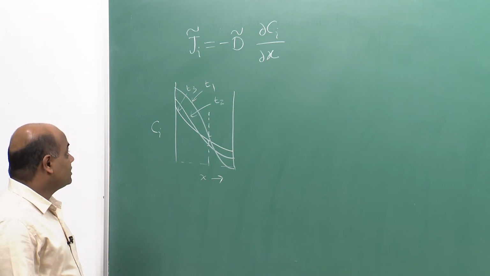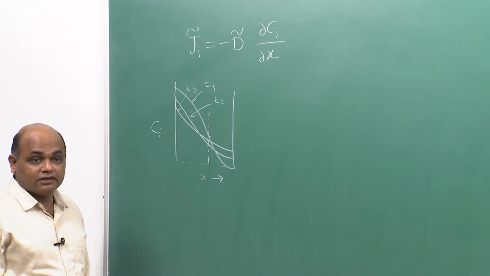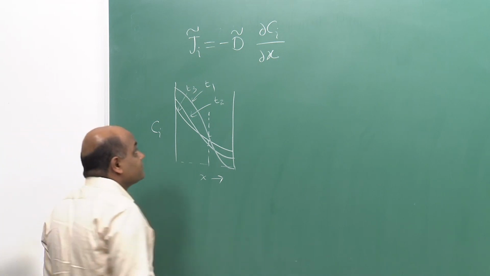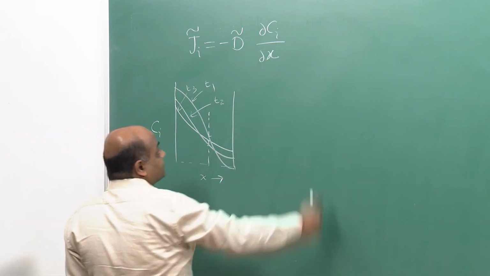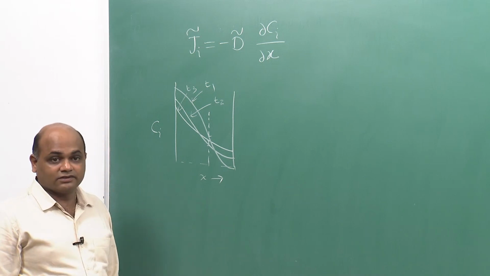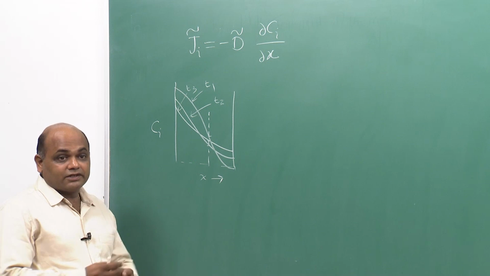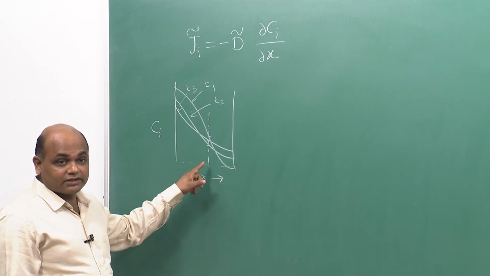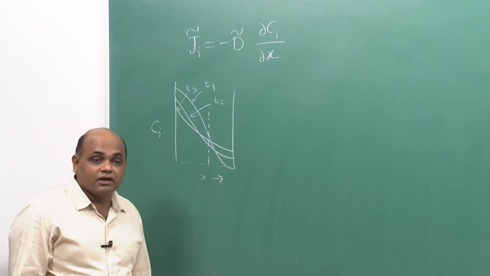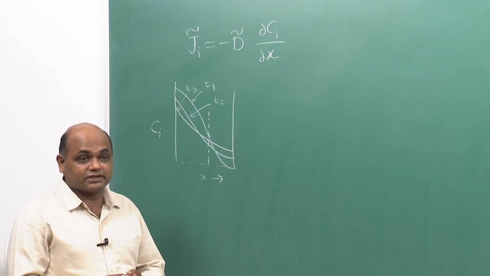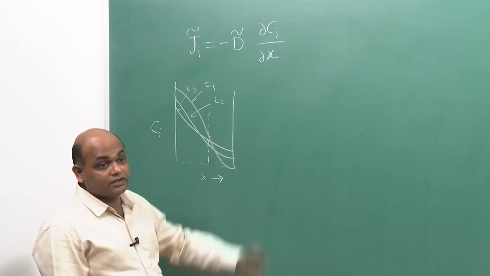Now, you will see one of the limitations of Fick's law here: it talks about concentration variation with respect to x, but it is not explicitly talking about concentration variation with time. So, if you want to predict the evolution of concentration, this equation alone cannot be used.